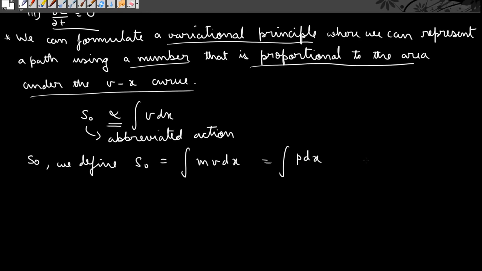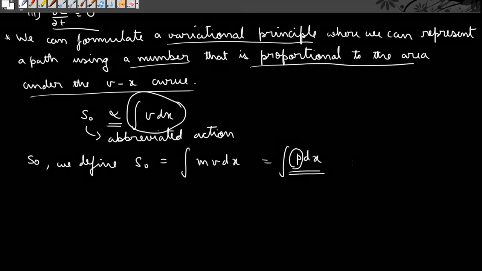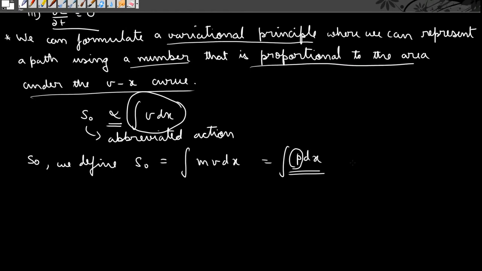Now it is true that with just the velocity it is still going to give us the correct path, but then you might ask, why do we need to write it in this form? The reason is that if we write it in this form, we can directly relate this abbreviated action to the action which we saw in Hamilton's principle, in the form of a Legendre transformation.